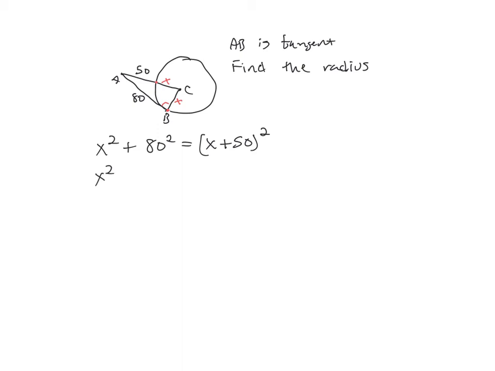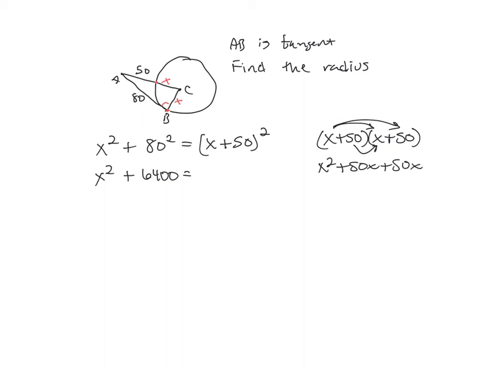So over here, 80 squared is 6,400. This, we need to distribute: x squared plus 50x plus another 50x, 50 plus 2,500, and x squared, 50 and 50 in the middle, 100x plus 2,500.